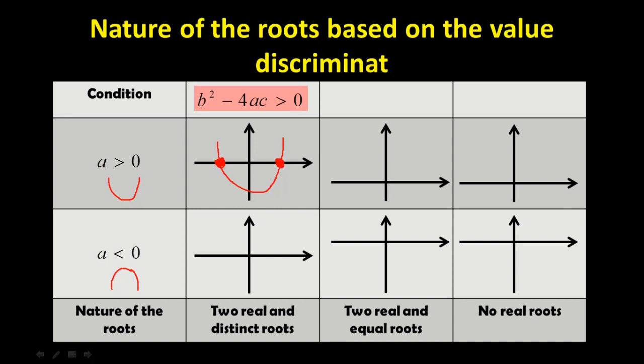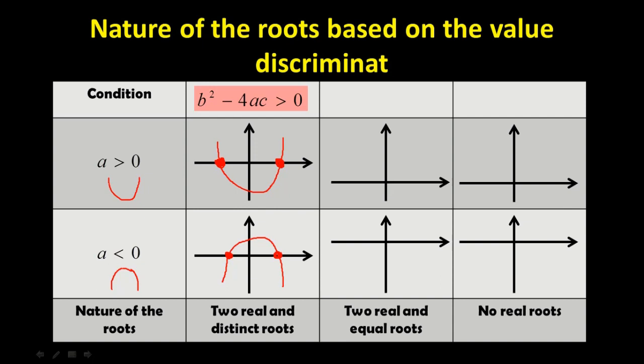And when a is less than 0, the shape of the graph will be like this. So our roots are here and here. So we have two real and distinct roots. Remember, when the discriminant b squared minus 4ac is greater than 0, that means we have two real and distinct roots. Dua punca nyata dan berbeza.